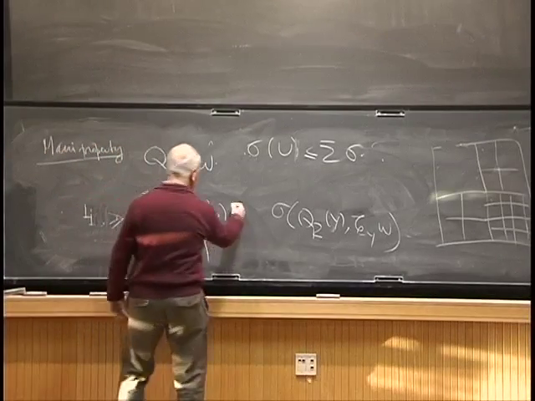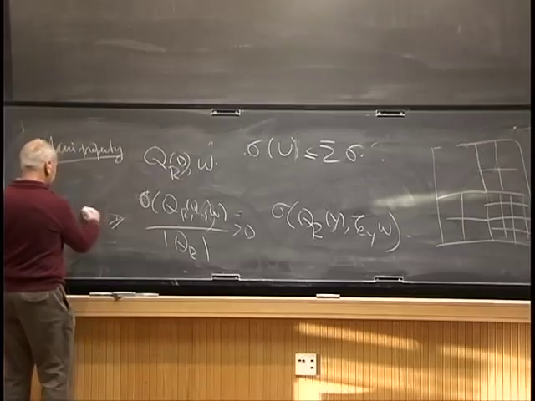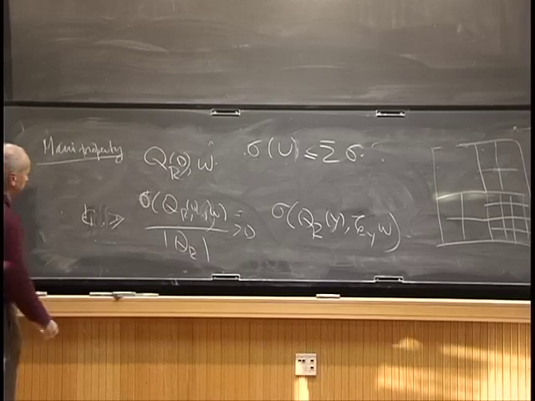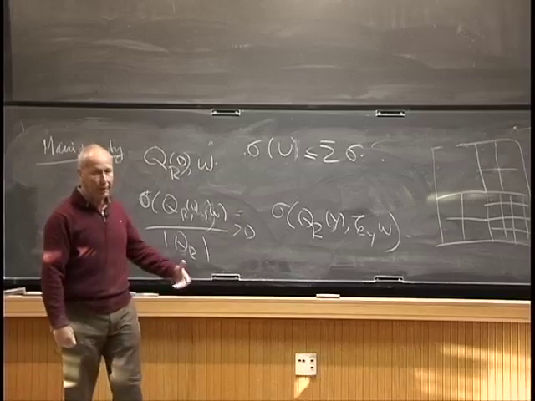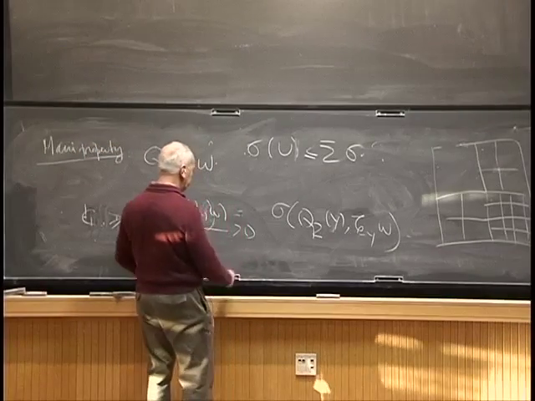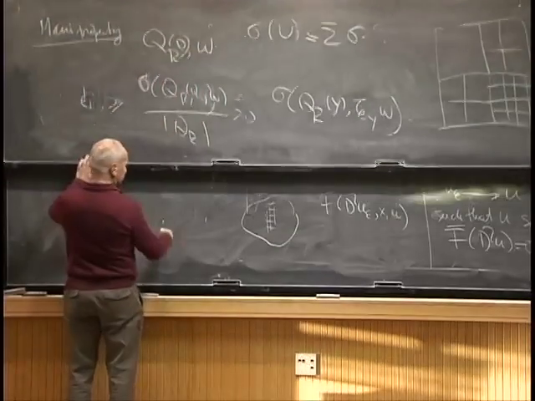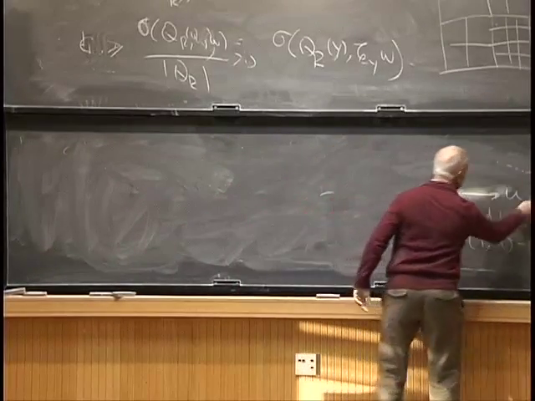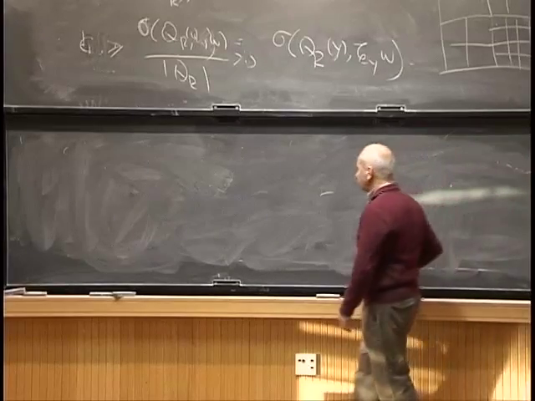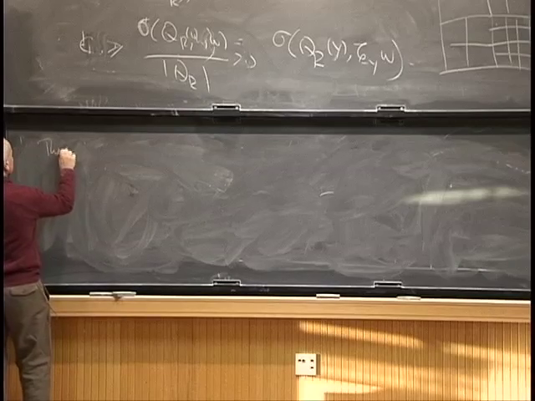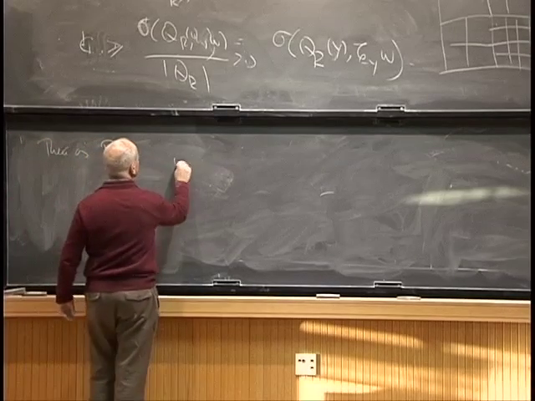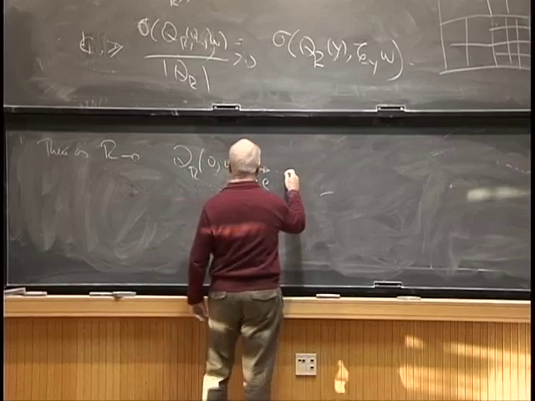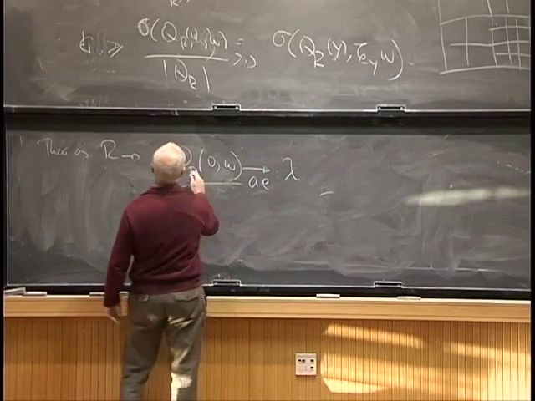Let's make it positive, 0 less than constant. Then as r goes to infinity, sigma of QR over QR has a limit lambda, a unique limit lambda independent of omega, almost surely to some quantity lambda.